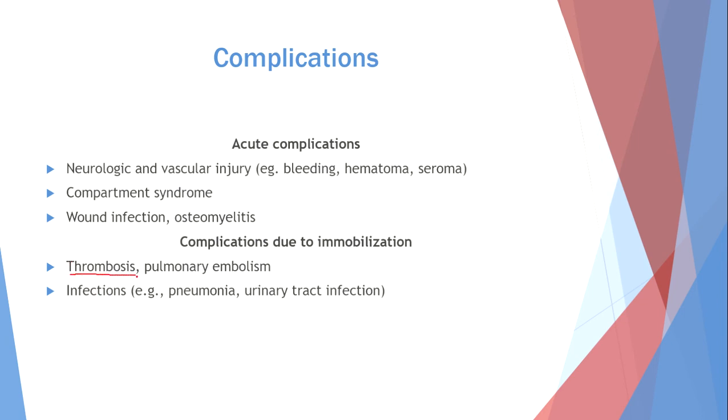This is very often the cause of patient death. So we must give the patient thrombosis prophylaxis in all cases of trauma, but in cases of trauma of the lower limb, it's more needed than in cases of the upper limb.